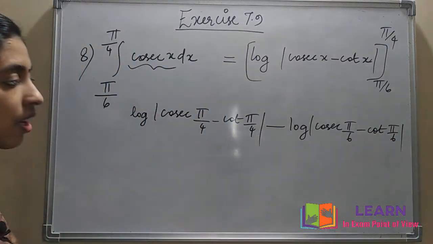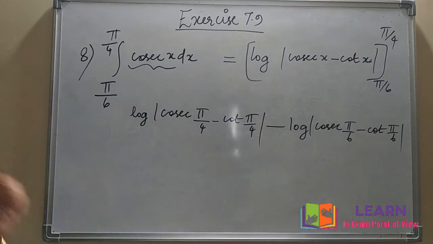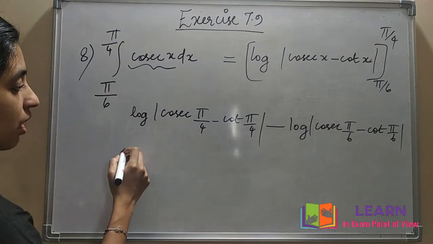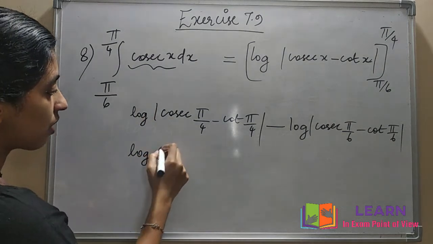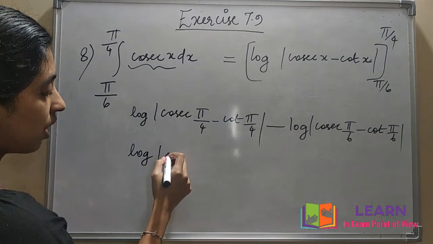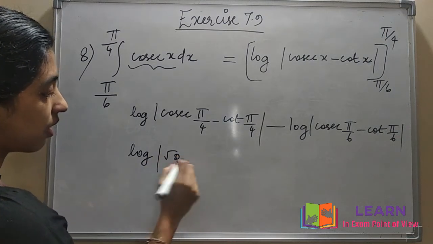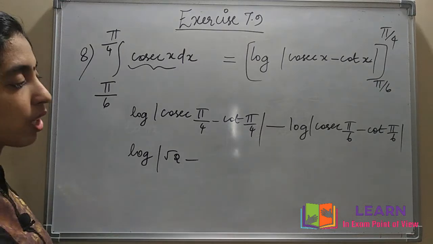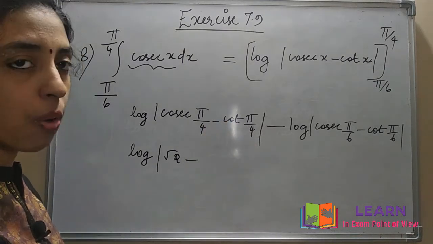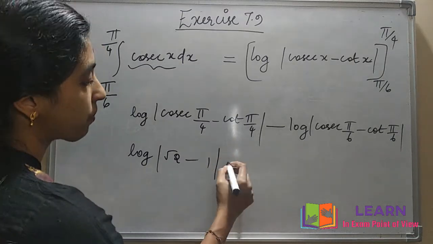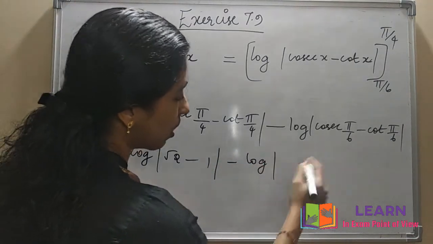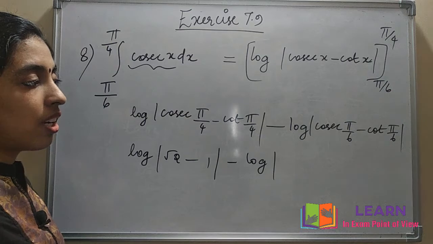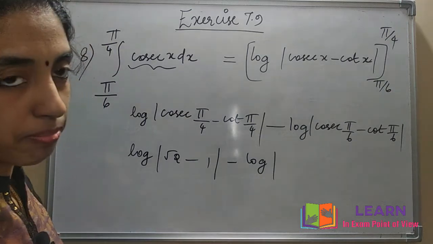Cosec is the reciprocal of sine, right? At pi by 4, sine is 1 by root 2, so here it will be root 2. Minus cot, the reciprocal of tan, at pi by 4 it is 1. So just 1 itself. Minus log mod, here it is pi by 6.